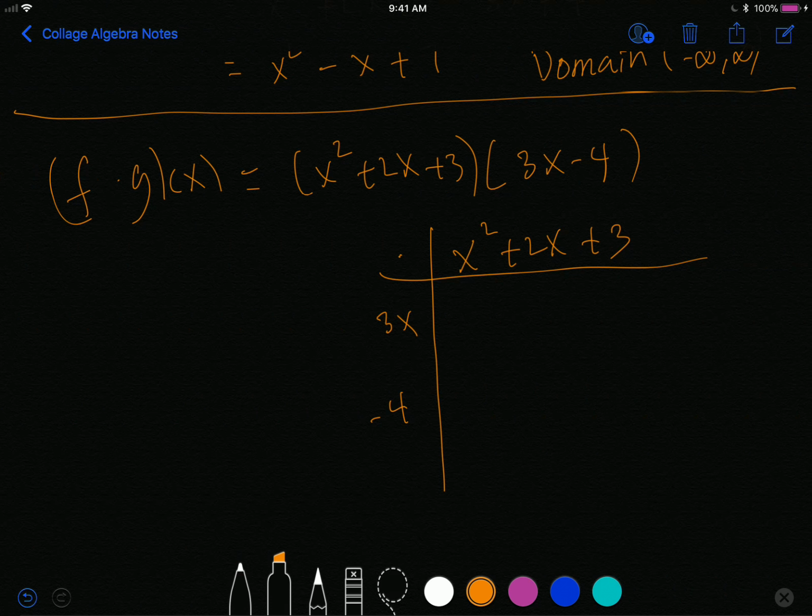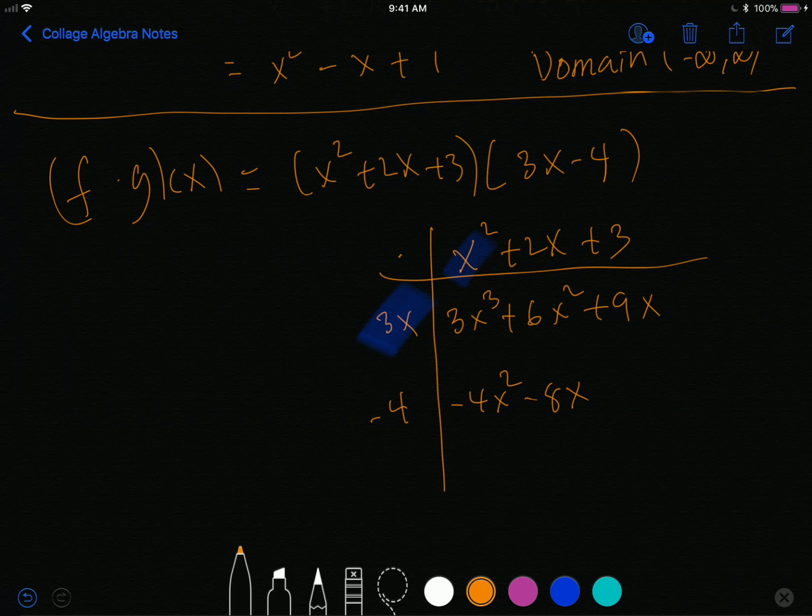So for example, x squared times 3x gives us 3x cubed. Then the next term would be 6x squared, plus 9x multiplied by negative 4. That will give us negative 4x squared, then minus 8x minus 12.